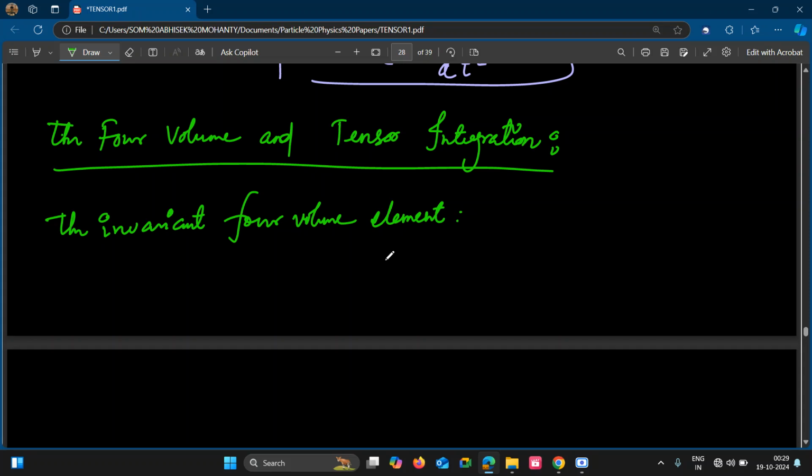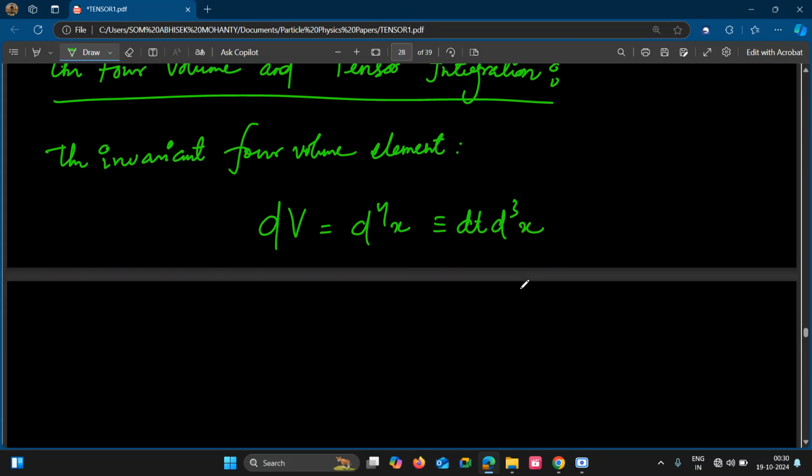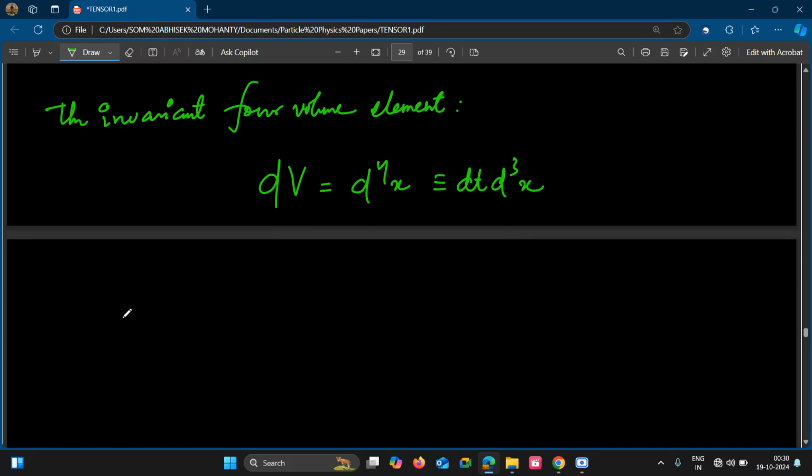What is it? The invariant 4-volume element is your dV. Okay. Is equal to what? d⁴x. Yeah, which can be written as dt times d³x.